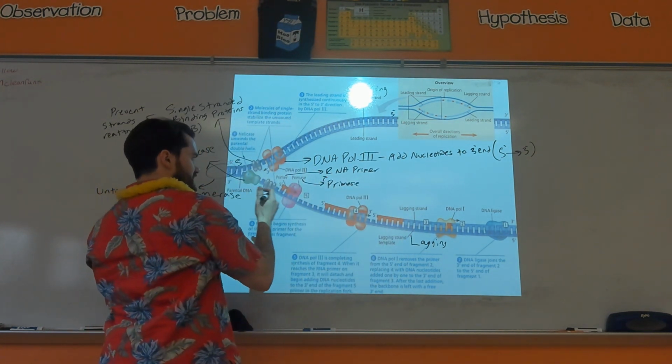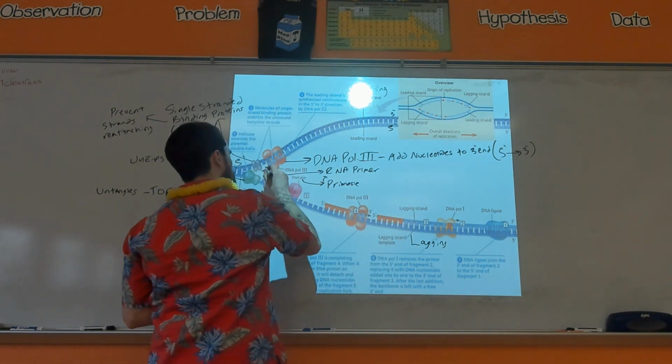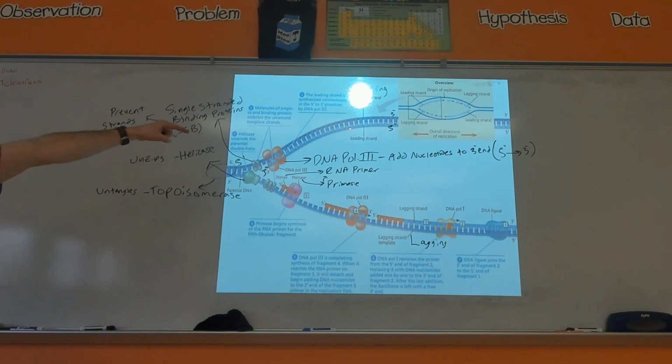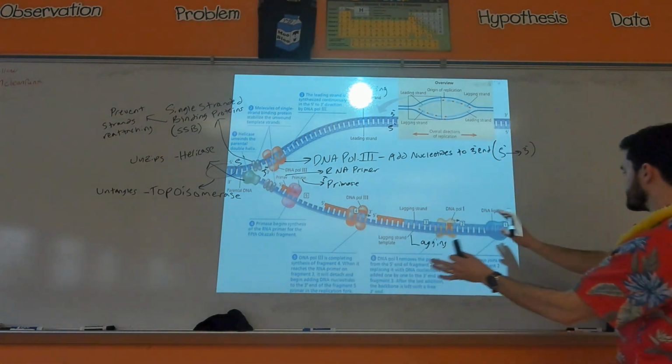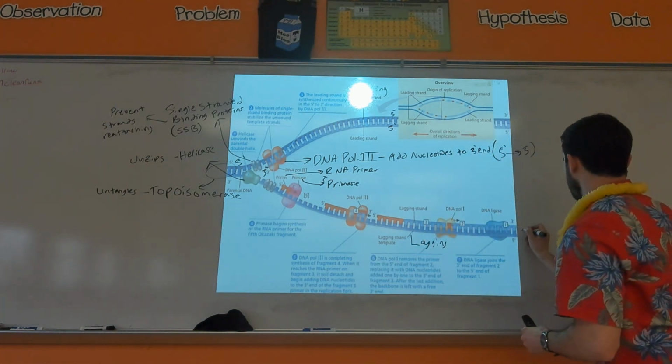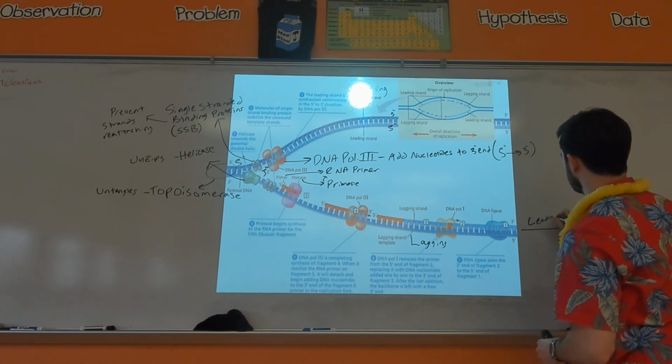DNA polymerase has to work from 5' to 3'. So on this topmost strand, in this zoomed out picture, we have no issue going leading strand here. And if you think about the replication bubble, there would also be a leading strand on the other side. If I continue this picture on, this over here would also be a leading strand.